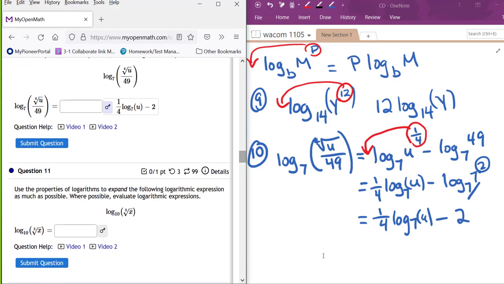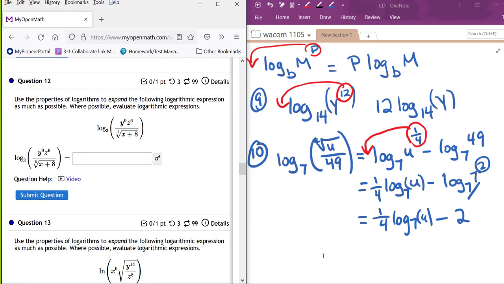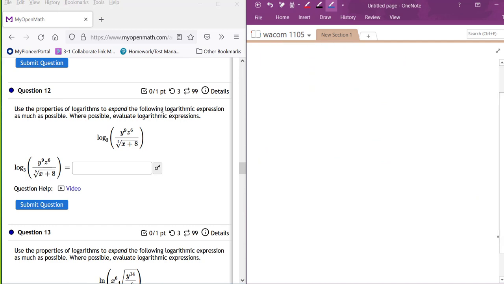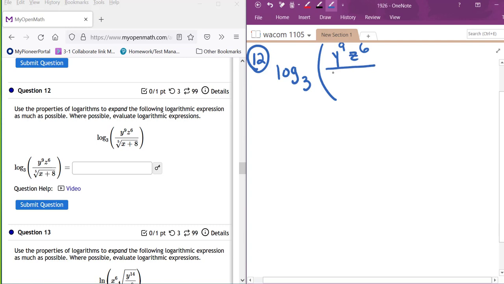I skipped 11. It's an easy one. And we'll go to 12. So we have the log base 3. And this one has a few pieces. Right, so if they're on the numerator, they're going to get a plus in front when we expand it.